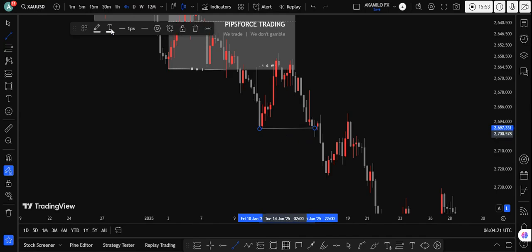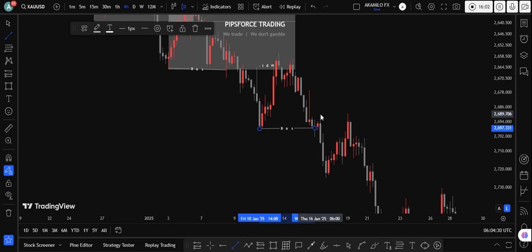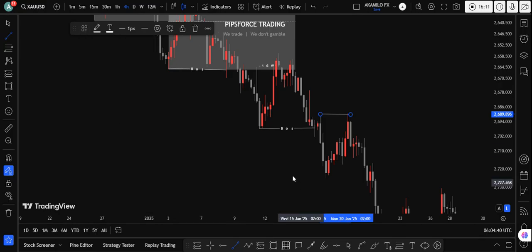Since we have a break of structure here as well, we can see price create an inducement, and these inducements are just liquidity levels that price needs to see before moving in either direction. You can see the inducement coming back to take that liquidity beneath and tap into the order flow.